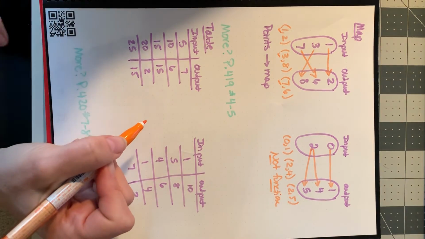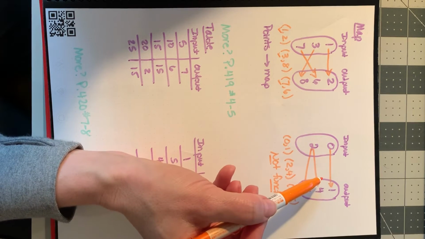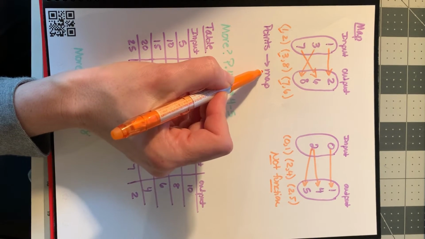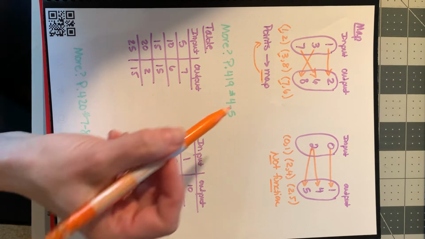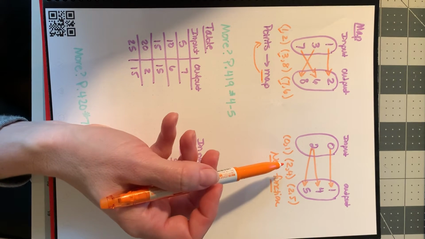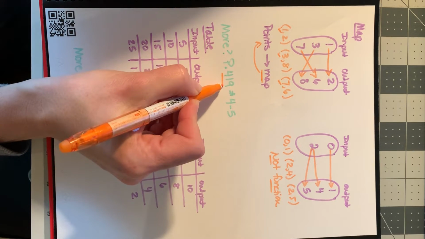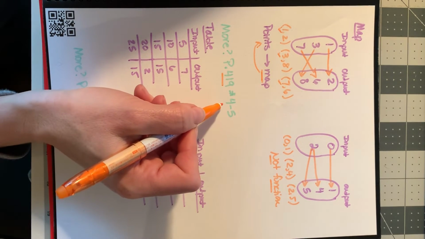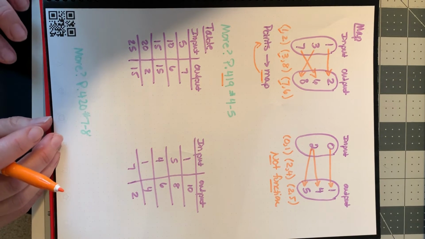Okay, so again, they're going to give it to you, or we can present these as maps. You can translate the maps to the points, and then you can see if they are or are not a function. If you want some more practice on doing this, open up your book to page 419 and look at problems number 4 and 5, and it gives you some more opportunities to practice this.